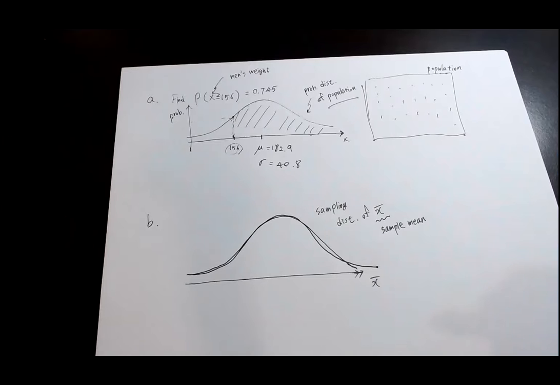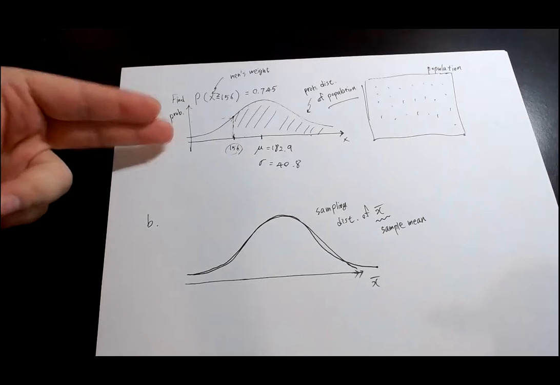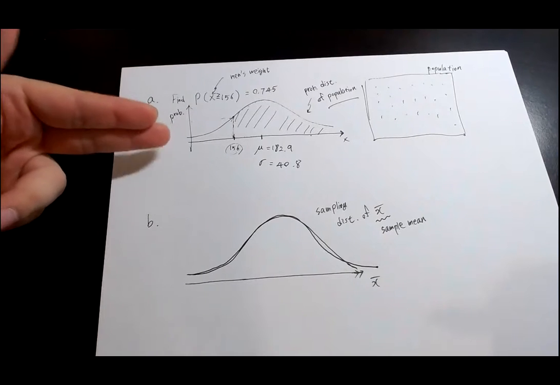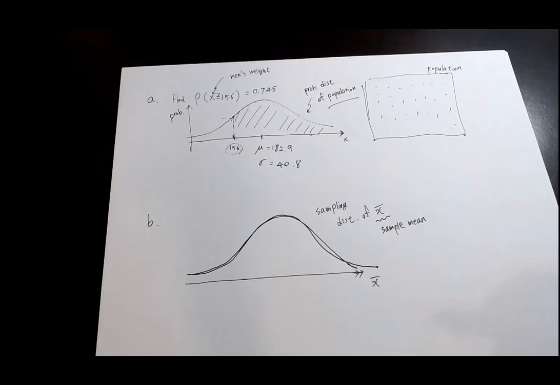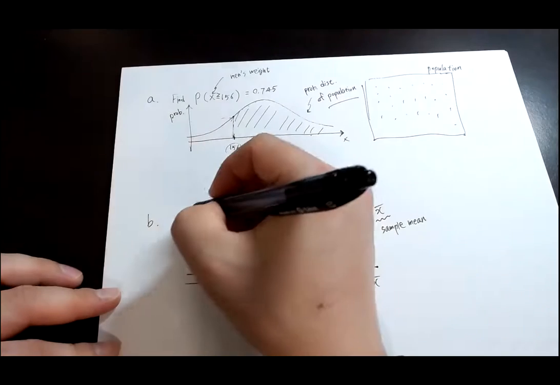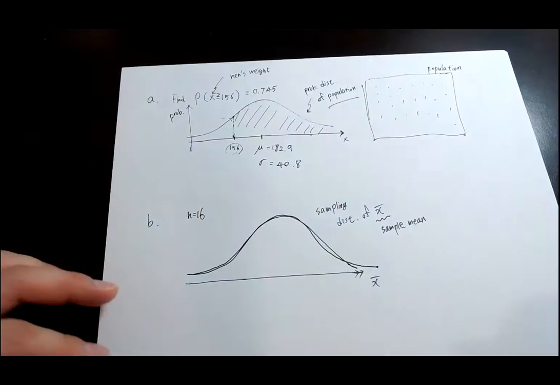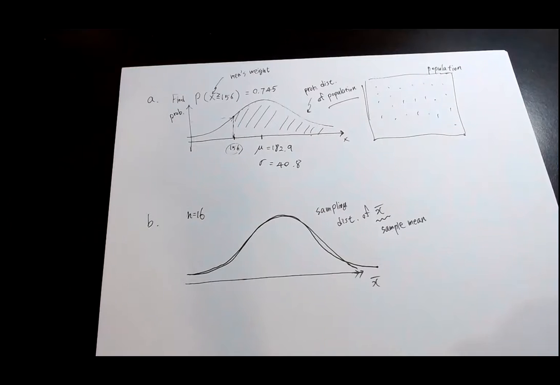Now the central limit theorem says that if the population is normally distributed, and in this example problem the population is normally distributed, right? Then for any sample size n, in this case n is just 16, the sample mean x bar is normally distributed.